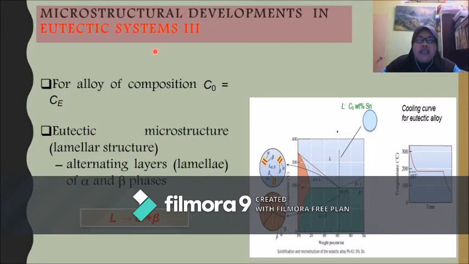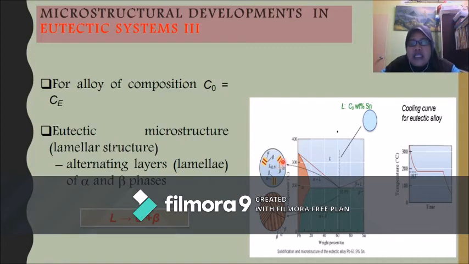Next, we move to eutectic system 3. Eutectic system 3 is for alloy composition C0 equal to Ce. It forms a eutectic microstructure or lamellar structure. What is a eutectic microstructure? It is alternating layers or lamellae of alpha and beta phases.